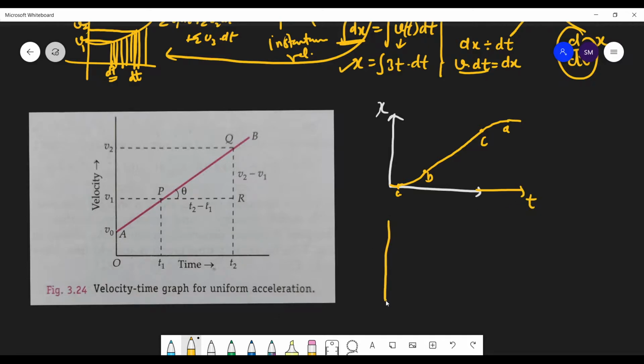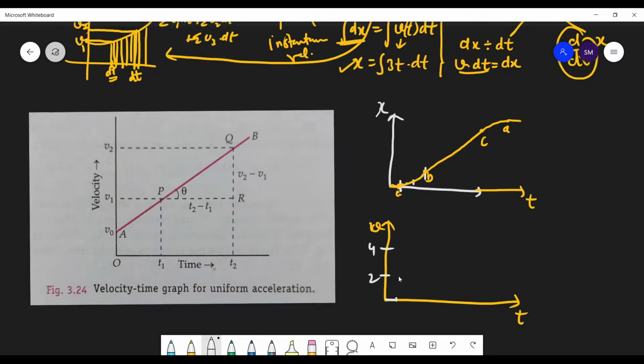Now the slope of it you have drawn. Here the slope is 0, so the velocity is 0. Now from here to here, the slope reaches from 0 to 4. Remember? Slope was 2 here. You can see that the slope is increasing. Here the slope is this much, here the slope is this much. If you want to find the slope at any point, draw the tangent.